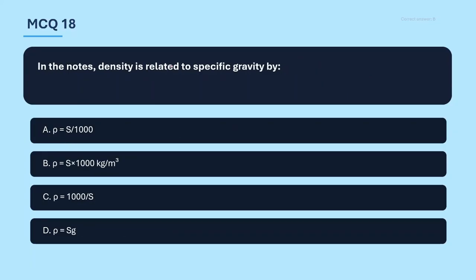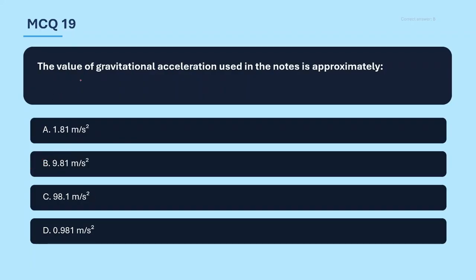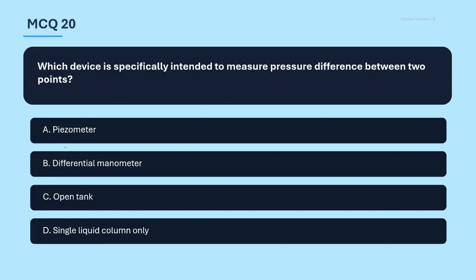In the notes, density is related to specific gravity by: we know the density equals S into 1000. The value of gravitational acceleration is 9.81. Option B is correct. And this is the last MCQ. Which device is specifically intended to measure pressure difference between 2 points?